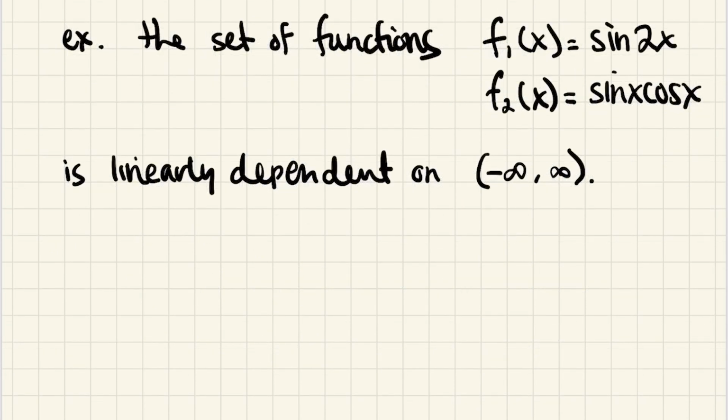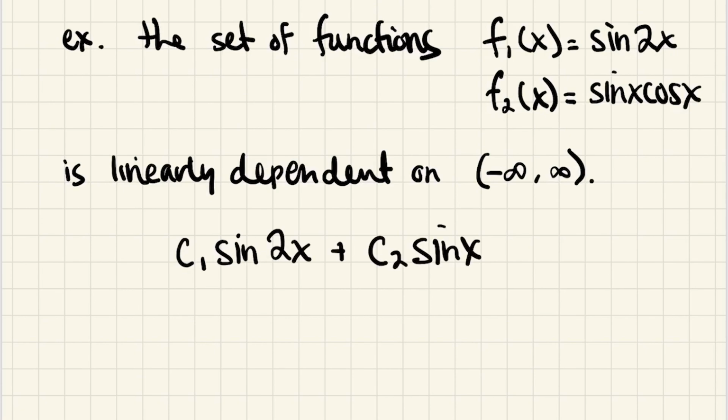All right, let's revisit sine of 2x and sine x cosine x. So the claim here is that they're linearly dependent. Let's see that. So what we're going to do is we're going to go c1 times f1 plus c2 times the other one, sine x cosine x, and we'll set that equal to 0. So is it possible for c1 and c2 to exist where at least one of them is not 0 and this still holds?